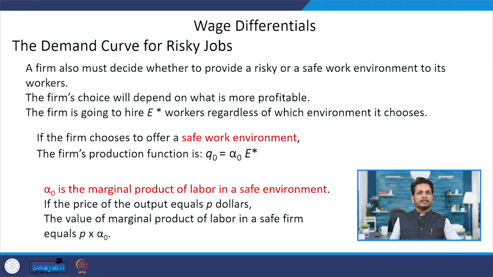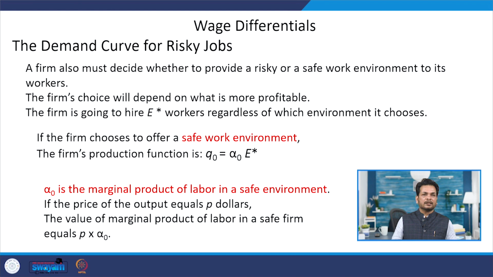In certain cases, the risk environment is not avoidable, but they try to find which environment is more profitable. So, while deciding the demand for workers in the risk job, the firm's choice will depend on which is more profitable.